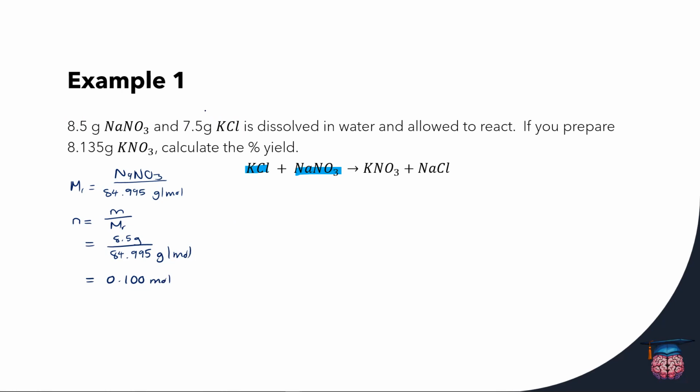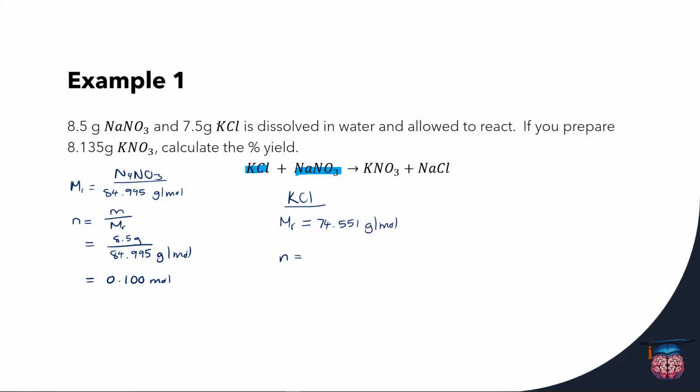Next, we go and calculate the same for the potassium chloride. So for the potassium chloride, the molar mass was previously calculated as 74.551 grams per mole.